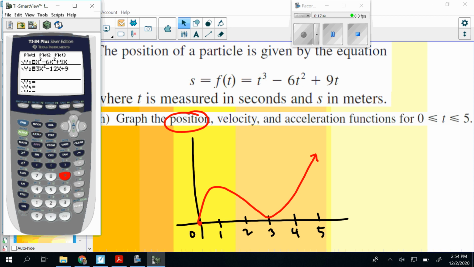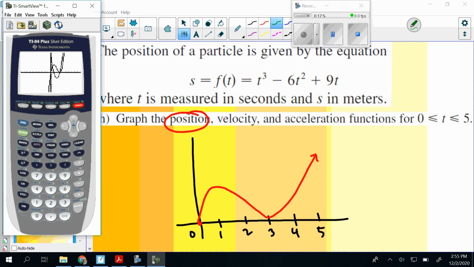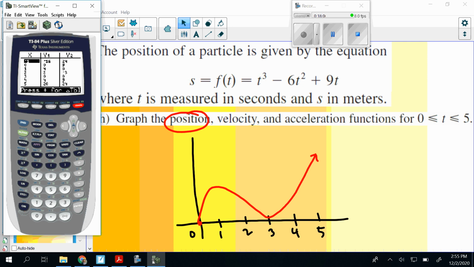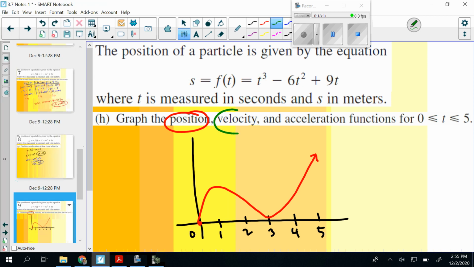If we graph this one, here's now our velocity graph. It's at 0 here. We could get a table to see, but it looks like at 0, the velocity is 9. So it looks like it's a little bit higher than this one. So for this, it starts up here.